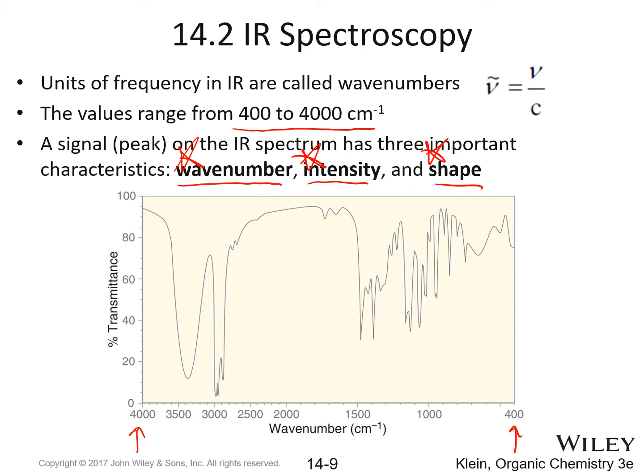What does that tell us? What does the intensity of the peak tell us? And what does the shape of the peak tell us? And remember, this is all about determining what functional groups are present in a molecule. So in the end, what you're going to be able to do is look at a spectrum and identify the functional groups present in a molecule. And there are very characteristic wave numbers, intensities, and shapes for particular functional groups.